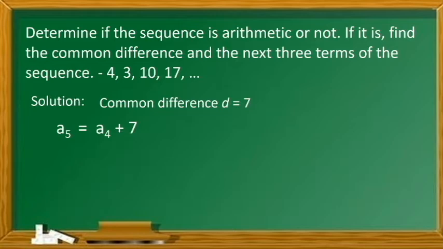Okay, since a sub 1, a sub 2, a sub 3, and a sub 4 are given, and we need to find the next three terms, we need to find a sub 5, a sub 6, and a sub 7.